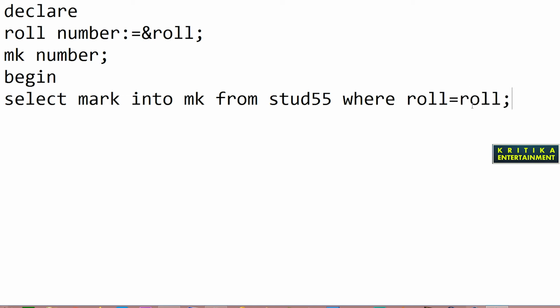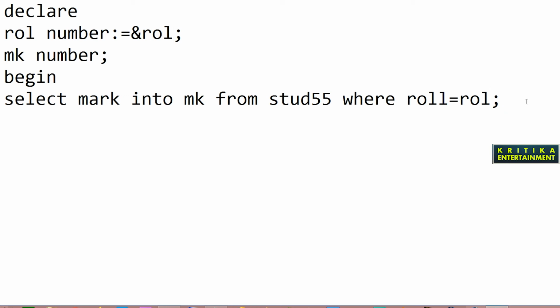Remember, this roll on the right is my variable, and this roll on the left is the roll column of the table. To understand better, I write the roll on both sides.